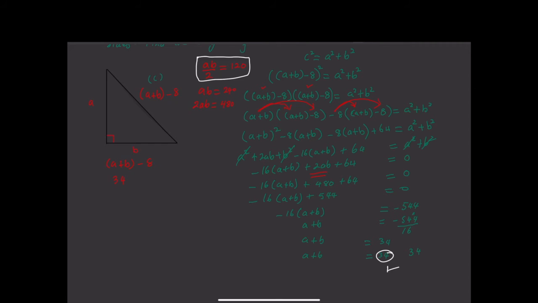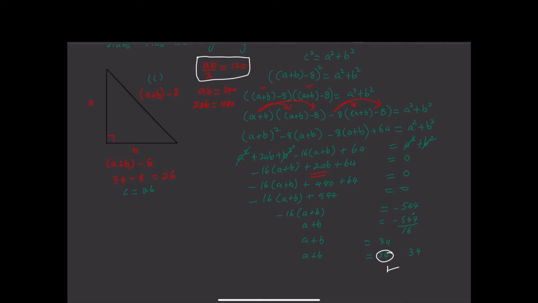So we get that 34 minus 8. That would give us 30, subtract 4, 26. Okay, so we know that this side, C, we know that C is equal to 26.